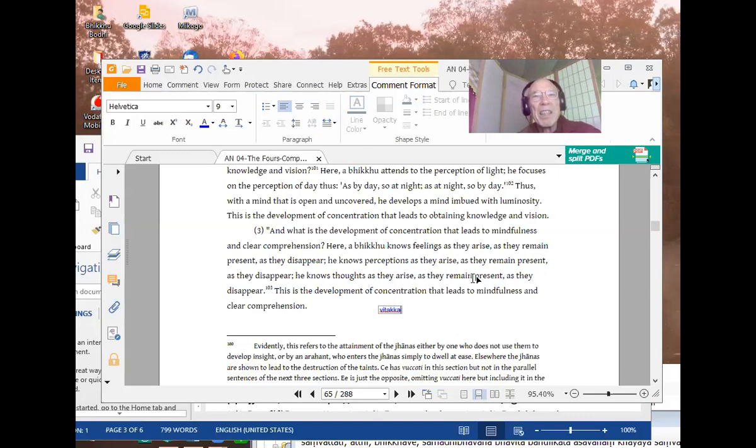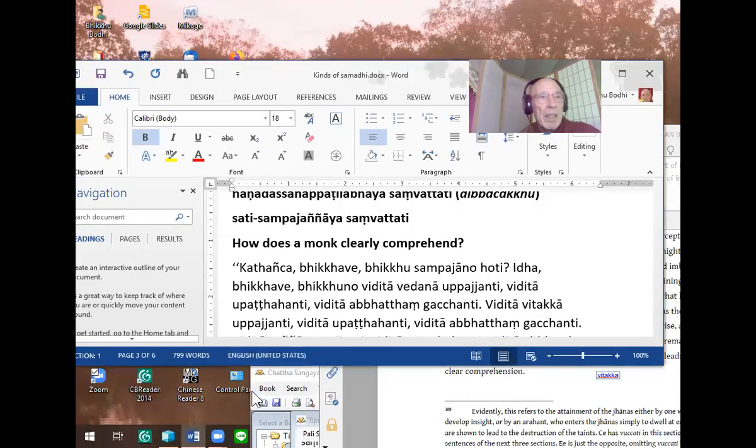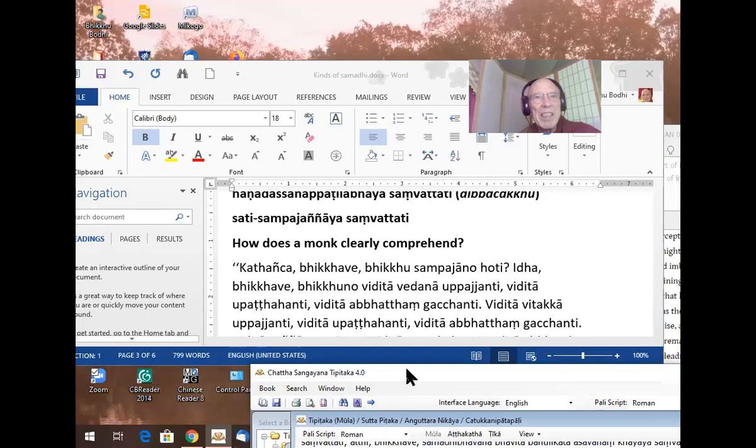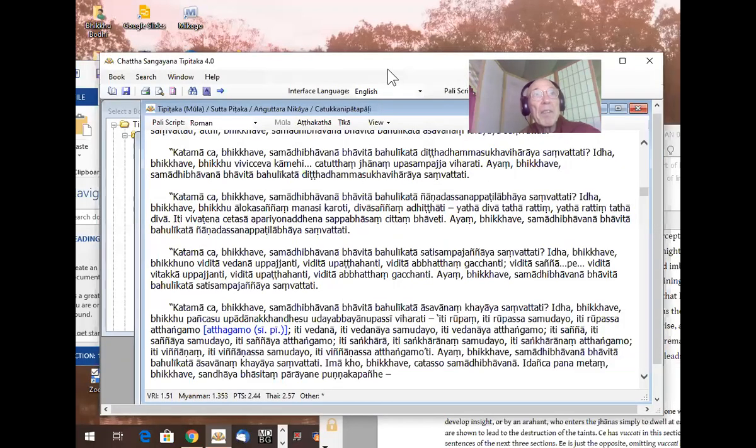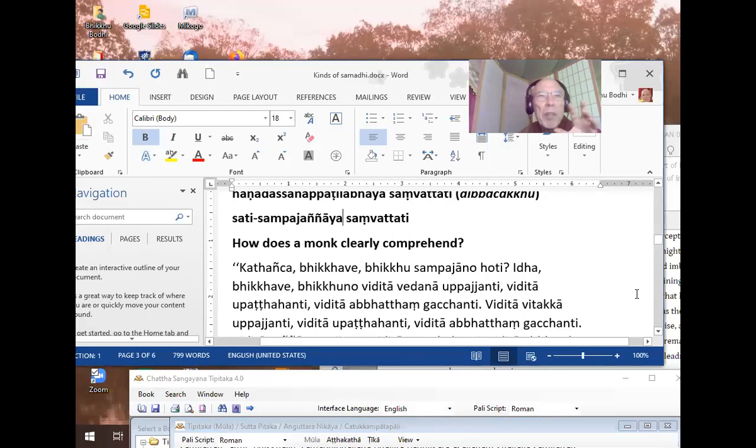As they arise, as they remain present, as they disappear. And the formula in the Pali is actually somewhat interesting, but I've already pasted it here. In English we say a monk knows feelings as they arise and so forth. But the Pali expresses this with a passive construction.